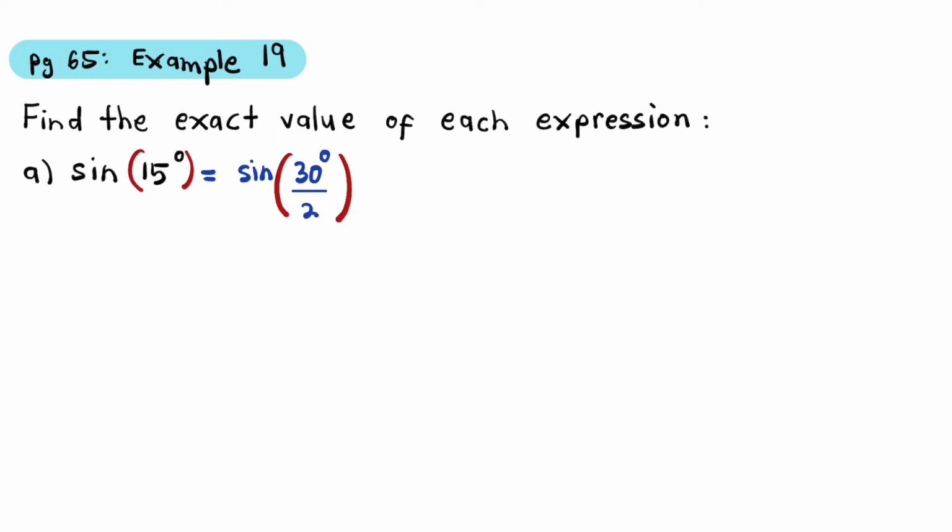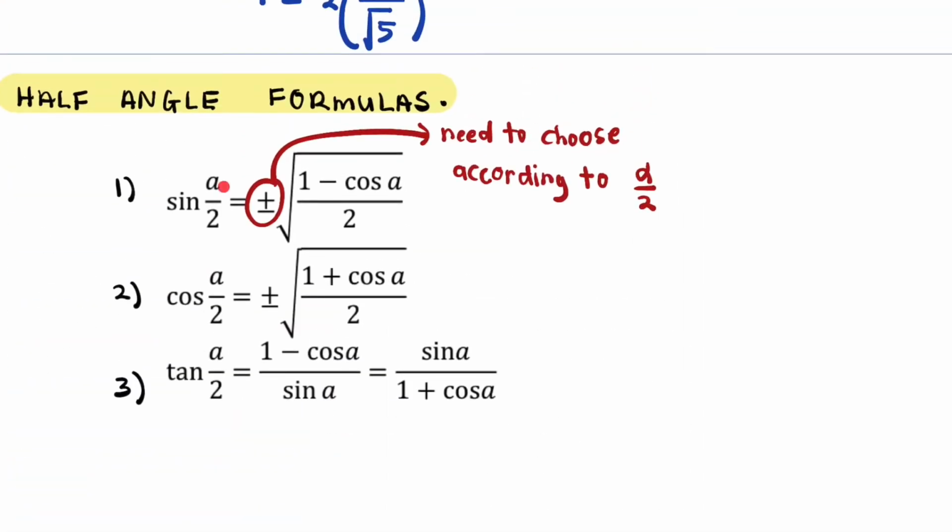Okay. Now, how to use the formula? The formula says that if you have sine of A over 2, sine A over 2 is plus or minus the square root of (1 minus cosine A) over 2.